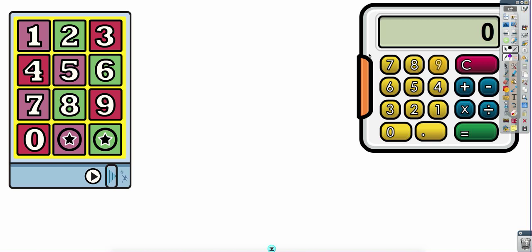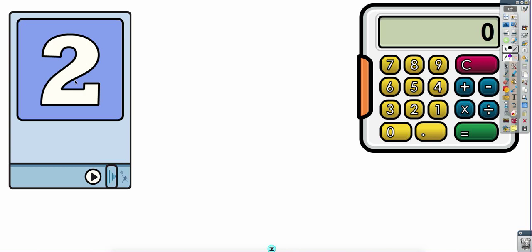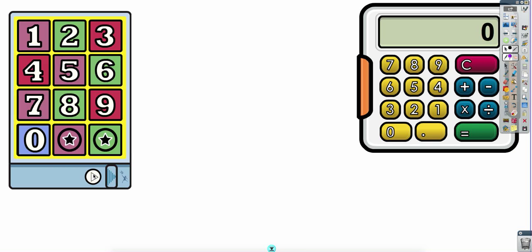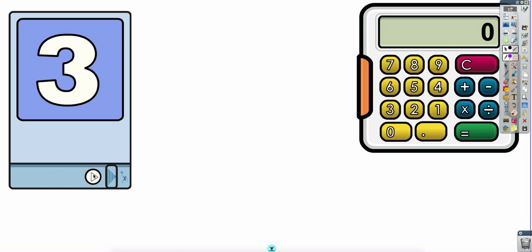All right, so here I'm just going to do a number generator so I can get a number. 2, so 3.